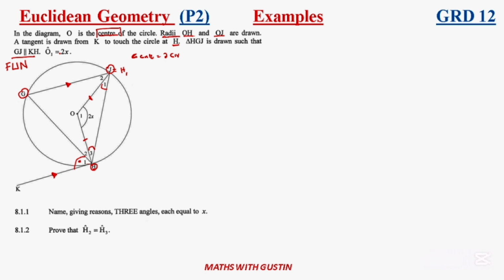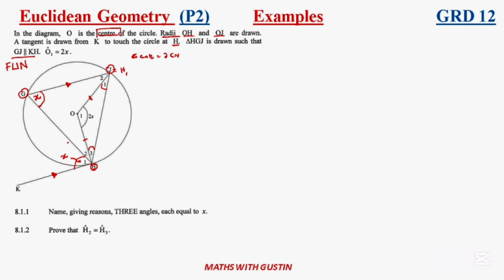So I think we've got what it is. O is going to be equal to 2x. So if you start here at the center, you can see O is going to be twice the angle at the circumference. Angle at the center is twice. So therefore here it's going to be x, right? And if this is x, and I've got these two lines that are parallel, then even here is going to be x as well. Alternate angles.